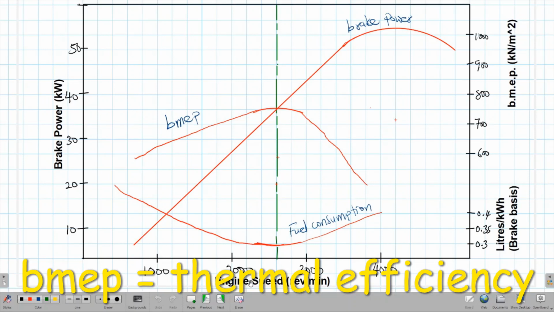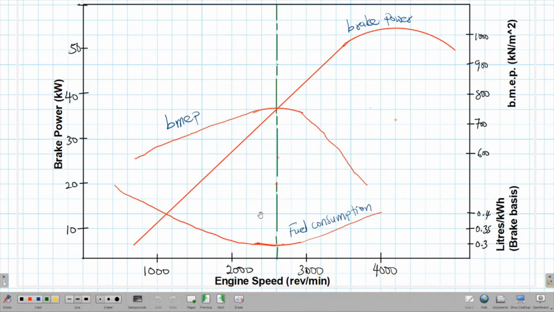The brake power curve shows that the brake power increases with speed until the peak brake power is observed at about 4000 rpm.